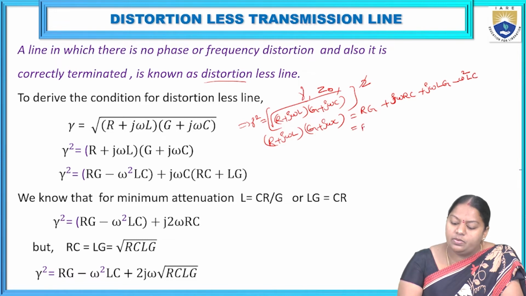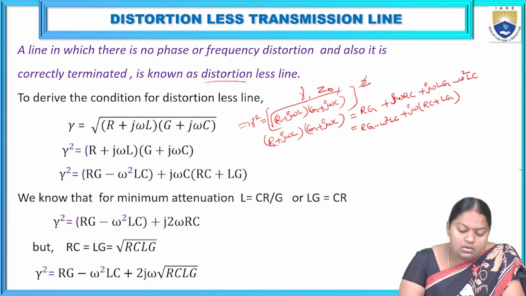Then separating real and imaginary parts: Rg minus omega square Lc plus, taking j omega as common, j omega into (Rc plus Lg). So gamma square equals Rg minus omega square Lc as the real part and j omega into (Rc plus Lg) as the imaginary part.